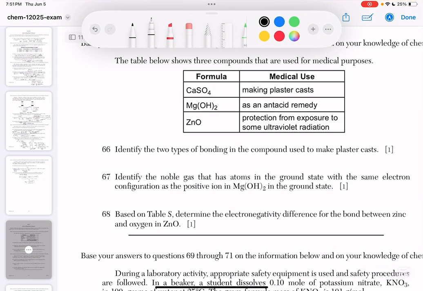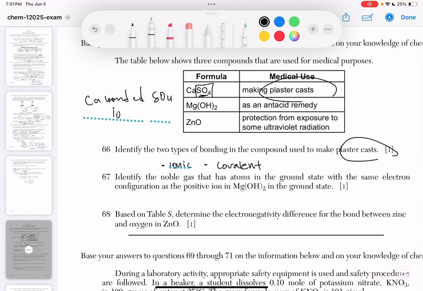Types of bonding used to make plaster casts. So this one would be both ionic and covalent. This is because when Ca is bonded to our polyatomic ion, sulfate, this is ionic.